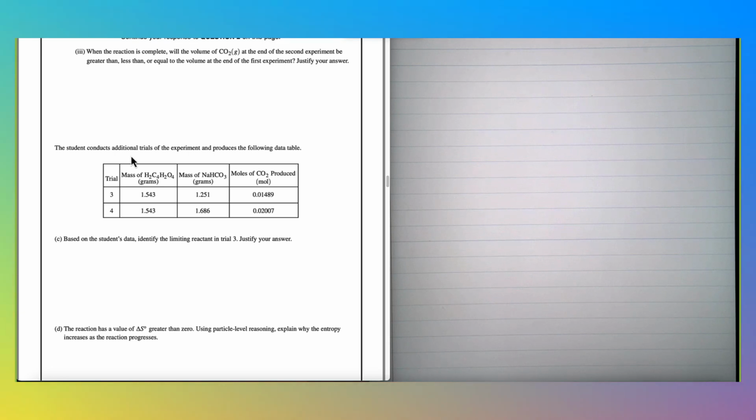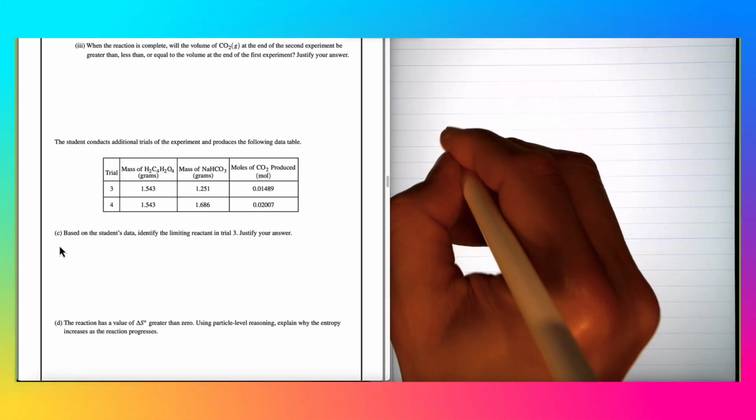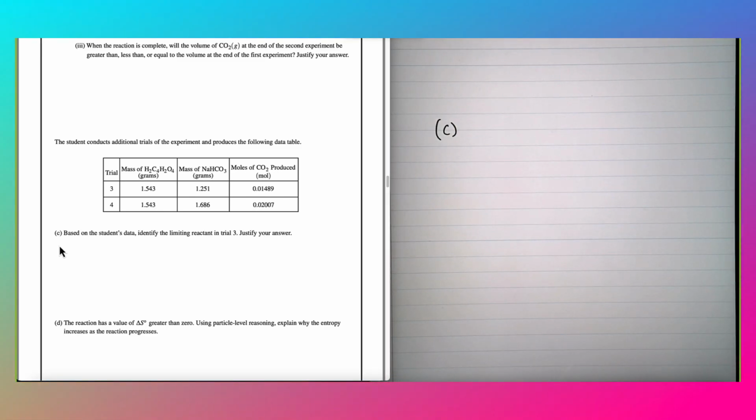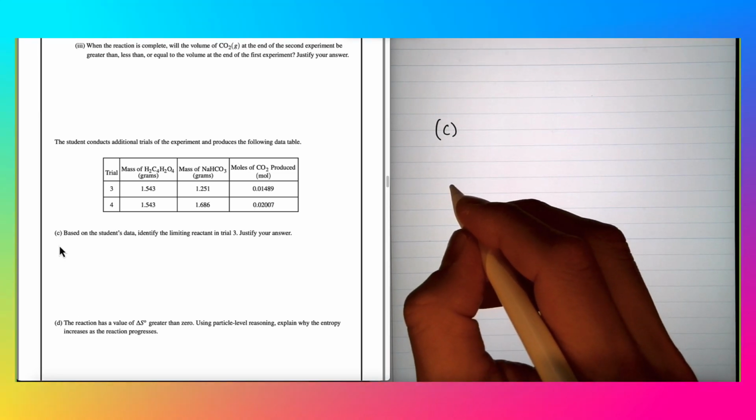The student conducts an additional trial of the experiment and produces the following data table. We have trial 3 and trial 4. So part C is asking us to find the limiting reactant. Based on the student's data, identify the limiting reactant in trial 3.